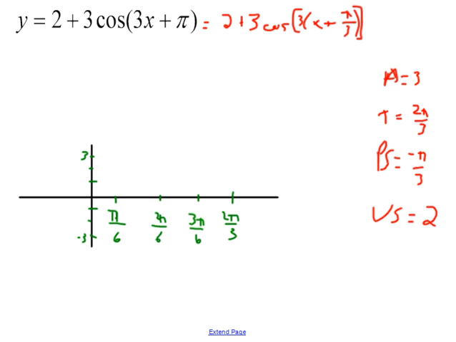Okay, so our first graph, amplitude is 3. Period 2 pi over 3, it's cosine, so it starts up top, goes down, comes back up. Once again, I would draw this dashed or slightly lighter, because with 3 graphs on one line, it can get kind of confusing.